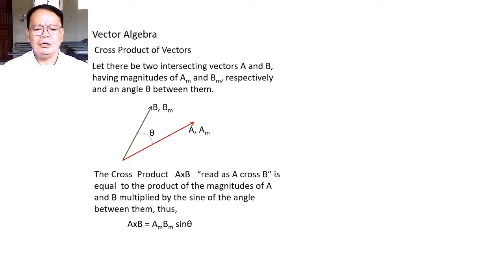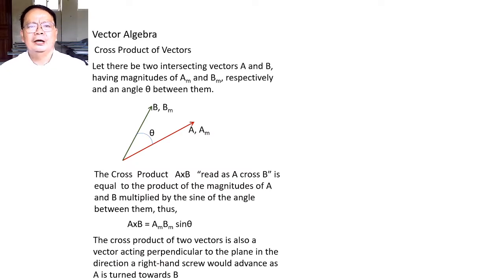Thus, in simple, we write this as A cross B is equal to AM BM sine of angle theta, where AM is the magnitude of vector A, BM is the magnitude of vector B, and theta is the angle that separates the two vectors.